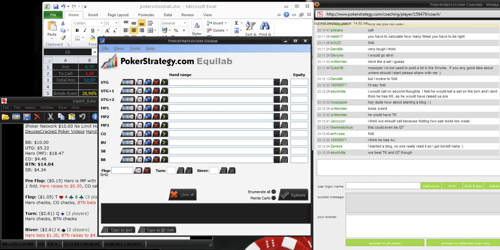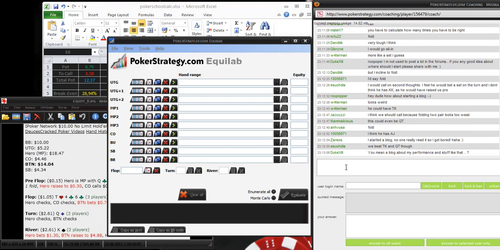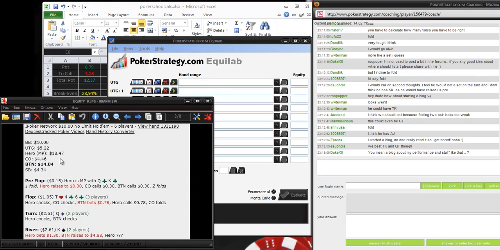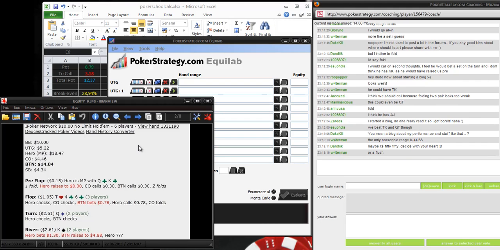Let's start from the very beginning. Preflop, the button calls. He may definitely have a lot of different broadways, maybe even suited connectors, and obviously all kinds of pocket pairs.